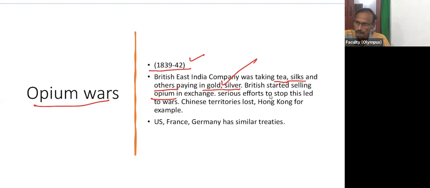And in those Opium Wars, China lost. It lost certain territories, and it entered into an unequal agreement, an agreement between the loser and the winner. So there were trade regulations and some control over the territory. Similarly, the US, France, and Germany also had similar treaties. So this is how China's past was different from India.